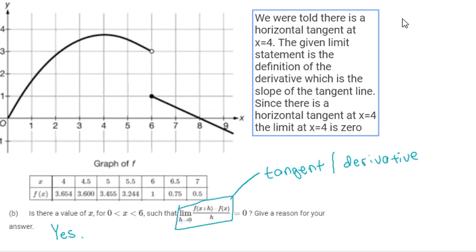Since there is a horizontal tangent at x equals 4, the limit at x equals 4 is 0.